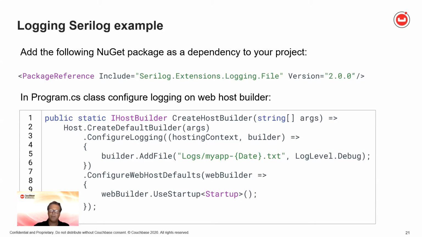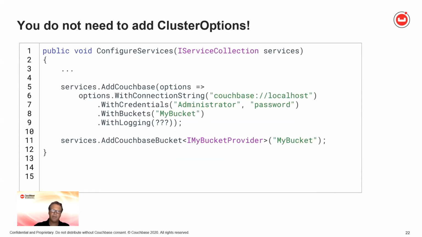There's really nothing you need to do. When you go to register your dependency on the SDK, there's a little change here though. Typically you'd call WithLogging and pass in a logging provider, but because you're in ConfigureServices, you cannot, or at least easily resolve, the ILoggerFactory dependency.